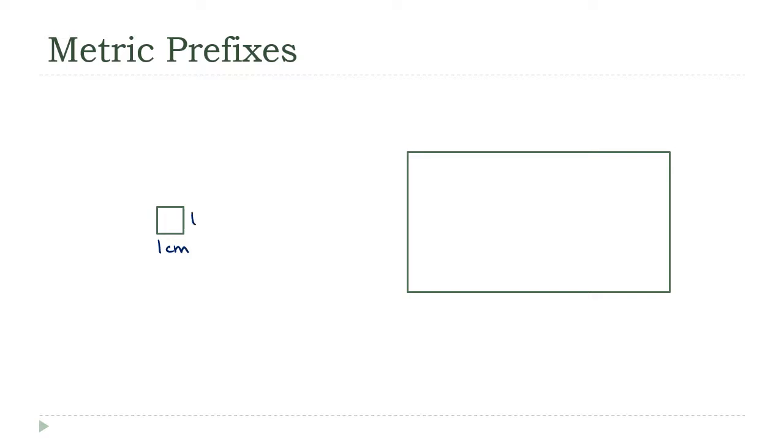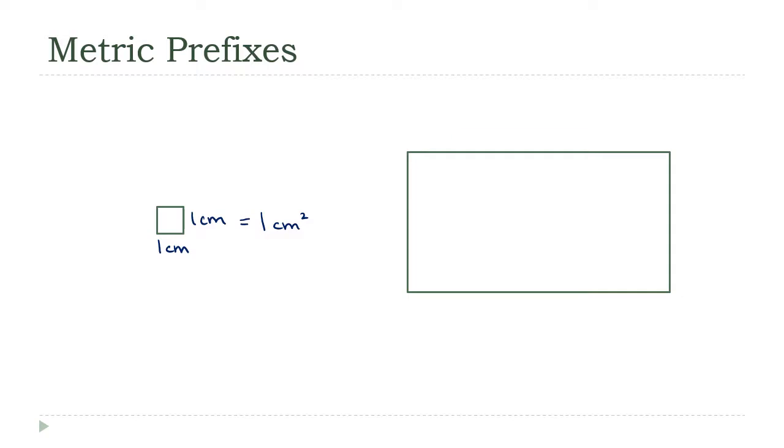Now, by our initial definition, the area of this one by one box is 1 square centimeter. You notice the 2? The 2 is what tells me that I'm talking about a two-dimensional measurement, an area measurement, versus just a regular linear measurement.